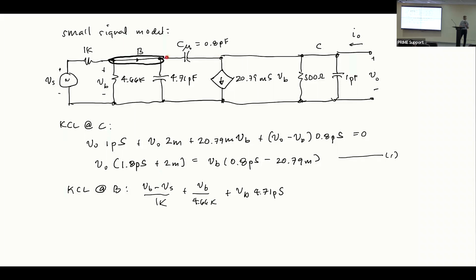So that's V sub B minus V sub O multiplied by 0.8 PS. And that should be equal to 0. Okay? 4 terms. This current, 1, 2, 3, 4 should equal 0. So just KCL, just nodal analysis.